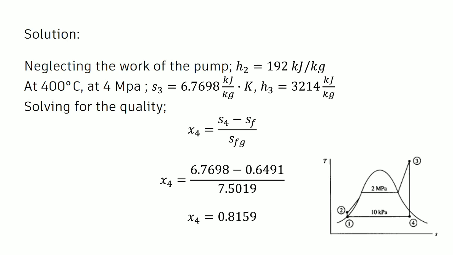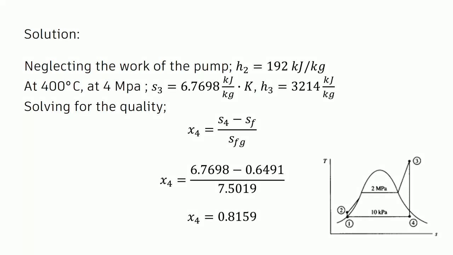At 4 megapascals, our specific entropy is 6.7698 kilojoules per kilogram per Kelvin, and our specific enthalpy is 3214 kilojoules per kilogram. So we're solving for our quality X at process 4, at state 4.